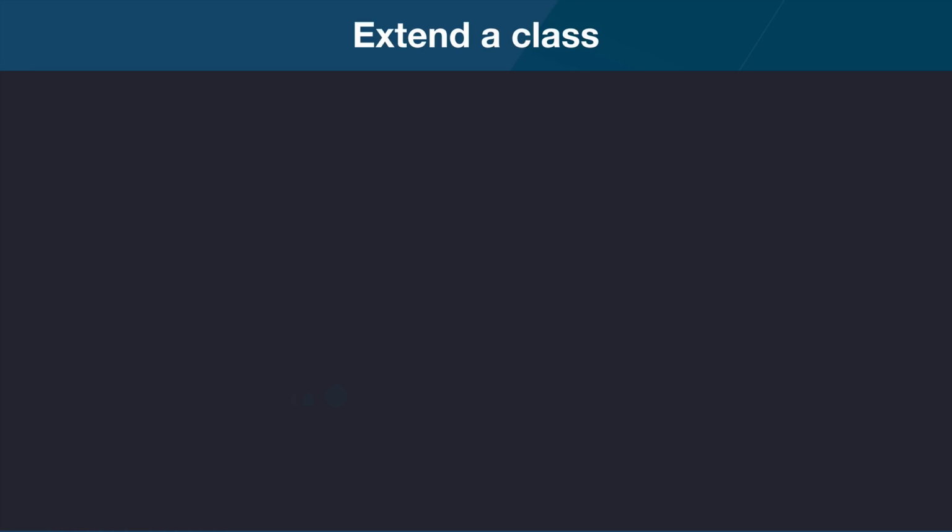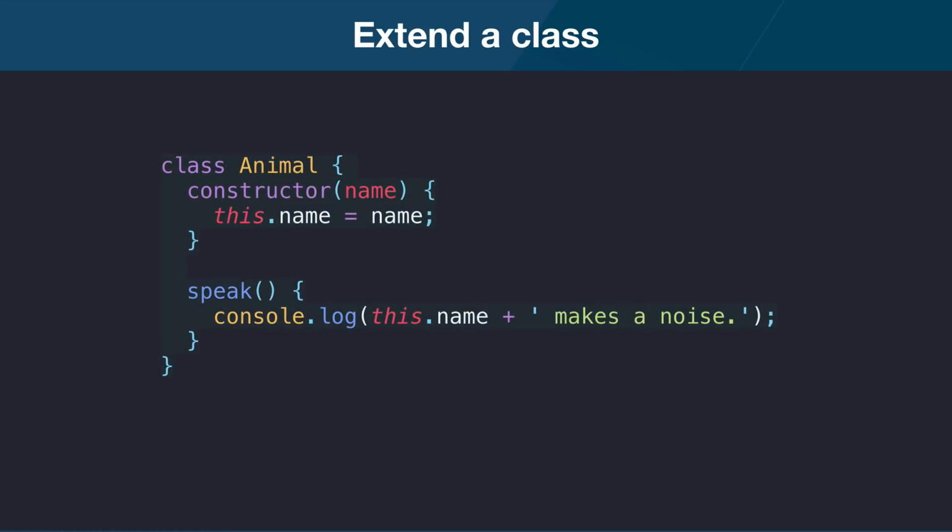So let's take an Animal class, and these little examples are found right from MDN. So you should be very comfortable going there and looking more into this. But we have Animal, and Animal takes a name through its constructor, sets that name on this. Then it also has this speak method. Notice the syntax of speak. Speak is a method on a class, so we use it this way.